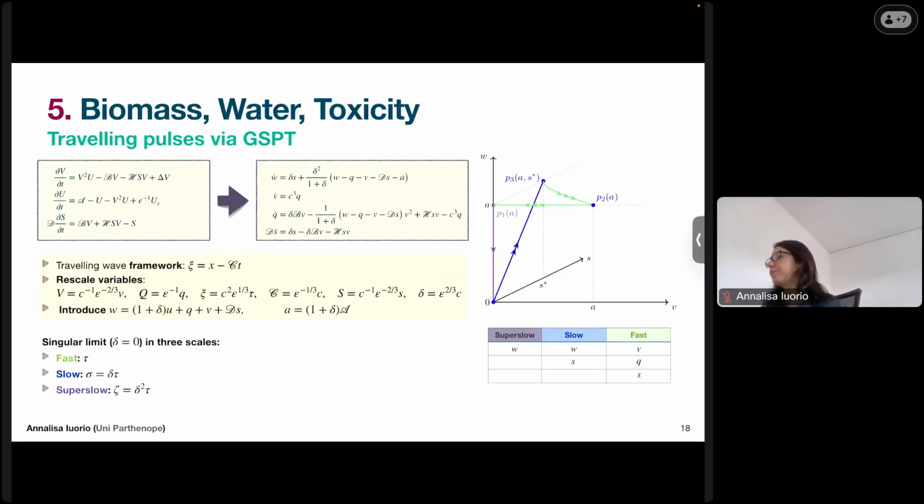That's actually also why I mentioned before that the numerics guide you in understanding what you are really looking for. Because sometimes we see with continuation that these models support different types of solutions with different types of features. So at some point you have to say, okay, what is the kind of solution that I want to construct? And if I want to construct that solution, what are the ingredients that I need?